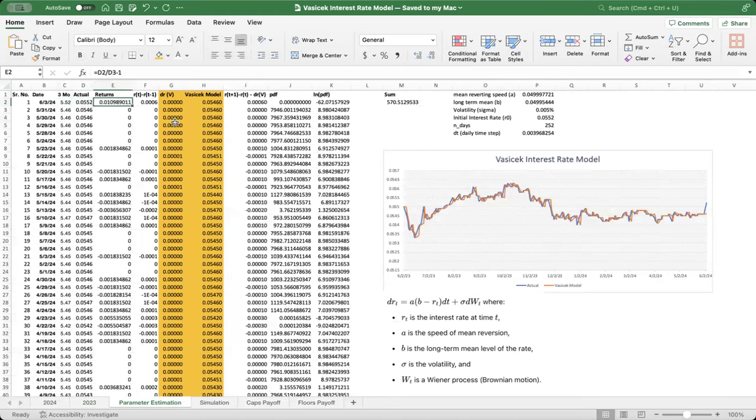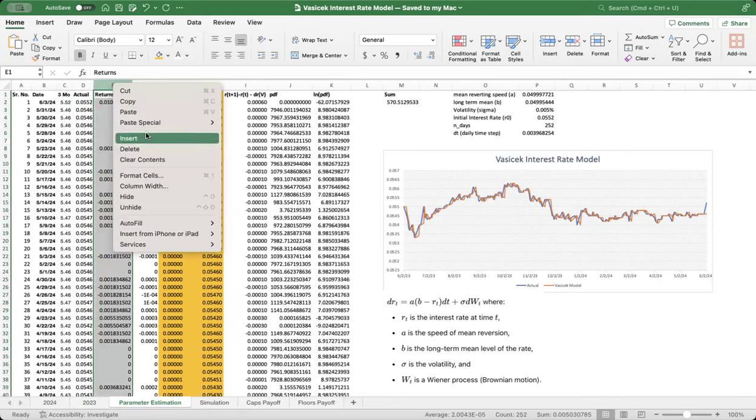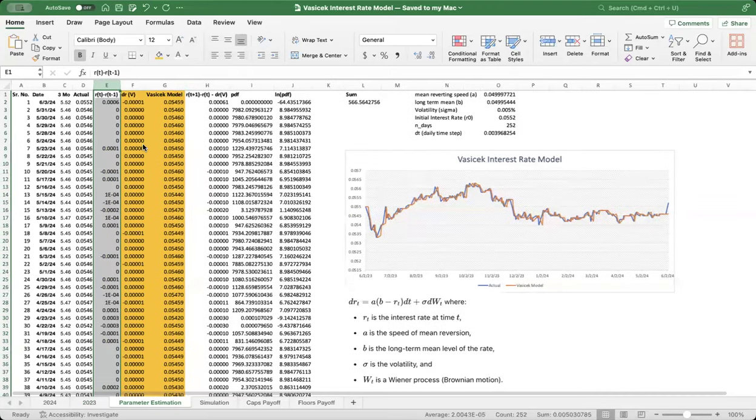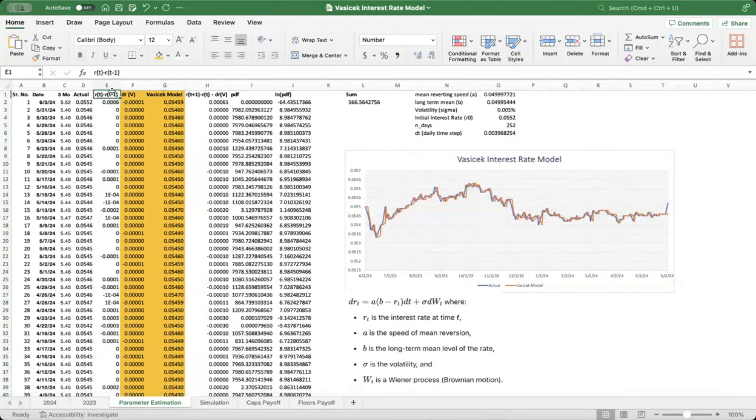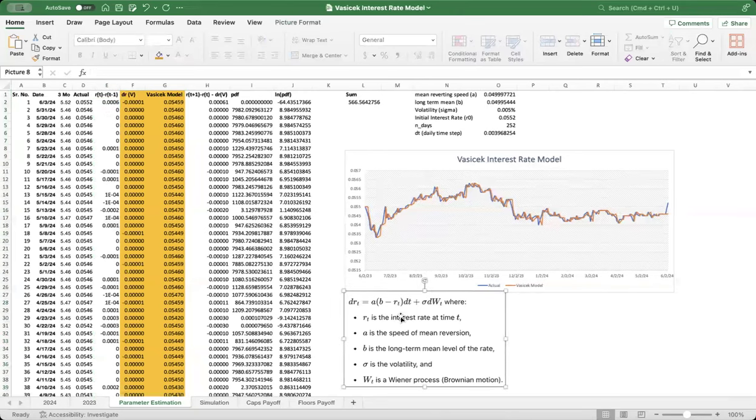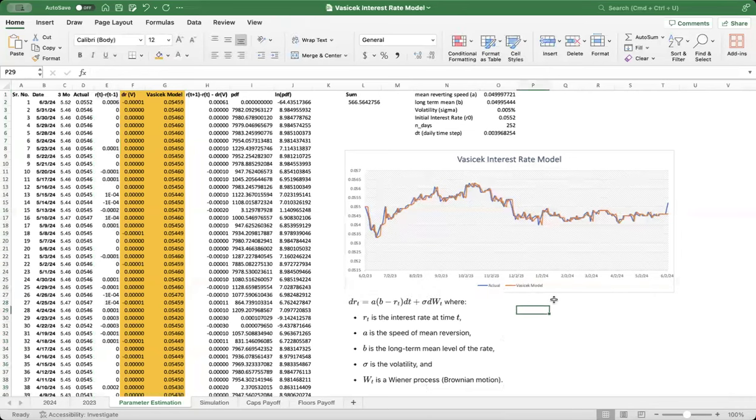So what is the next step? Okay, so just give me one second. Let me delete. Okay. As I said, if you remember this Vasicek equation on your screen, dRt is equal to a times (b minus Rt) dt plus sigma dWt.